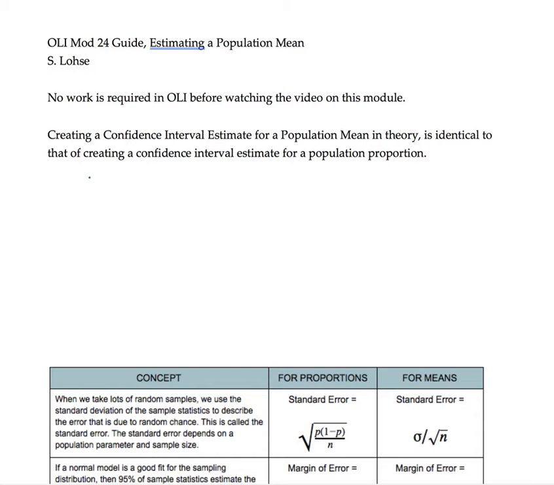So just like with proportions, we're going to need to start with a normal sampling distribution. What you saw about this normal sampling distribution of sample means in our mod 23 activity is that it will be normal as long as our sample size is big enough.